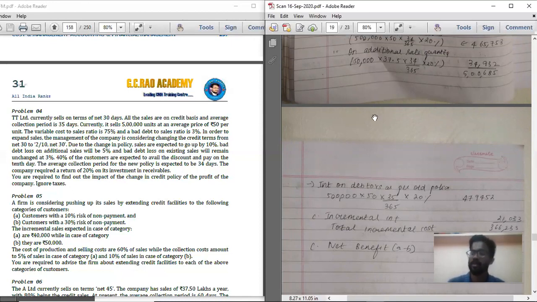5 lakhs, what is the old policy? 5 lakh units into 50 rupees per unit into 35 divided by 365 into 20%. In the inner amount column, within bracket, record 4,79,452.